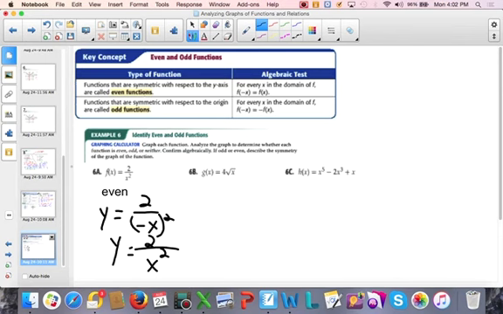And it's asking if it's odd or even to describe the symmetry of the graph of the function. It is symmetrical over the y-axis.